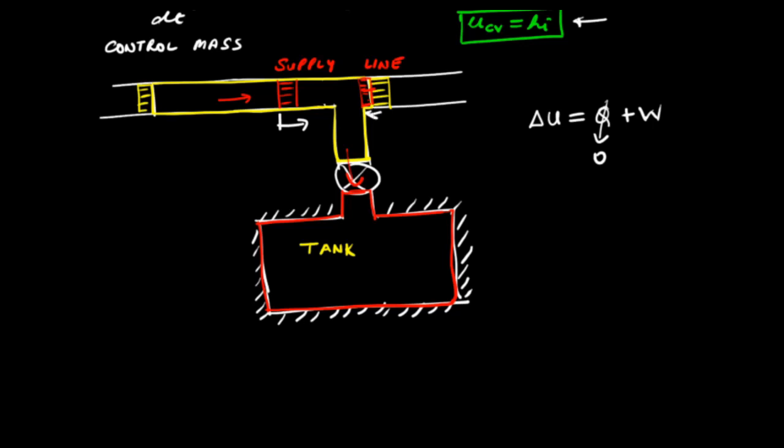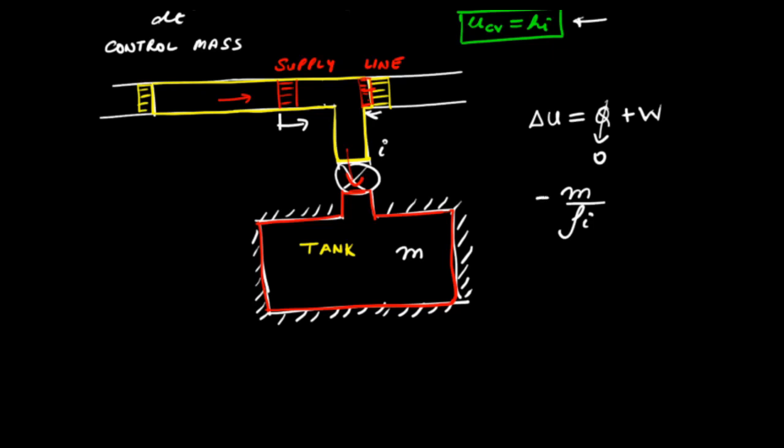Let's say that after this tank is charged, the mass of the gas is m within the tank, and this mass, that is mass of the control mass, was initially in the supply line. So the volume that this control mass occupied within the supply line was m over the density at the inlet conditions, which is equal to the conditions in the supply line.